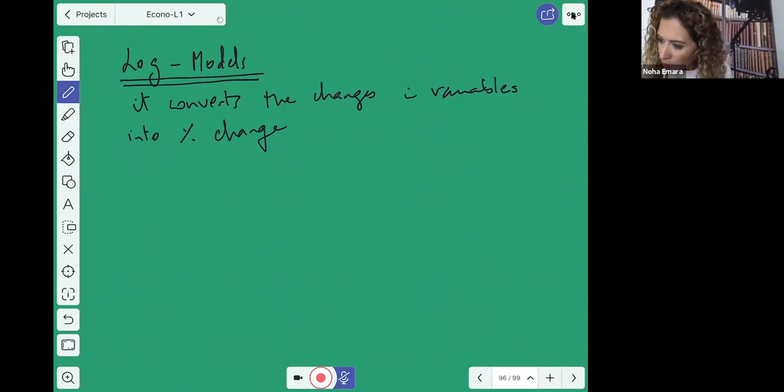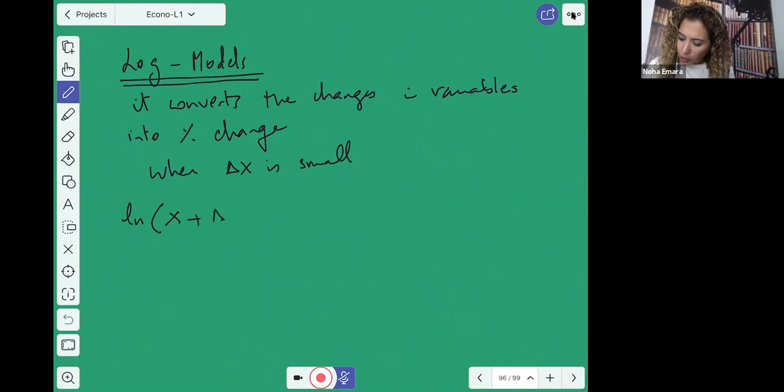So let's say, when the change in x is small. So you always have this rule, okay? It basically says that the old value of x plus the change in x would give me the new value, right? Which is the old value plus the change.